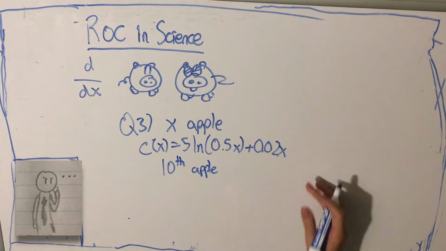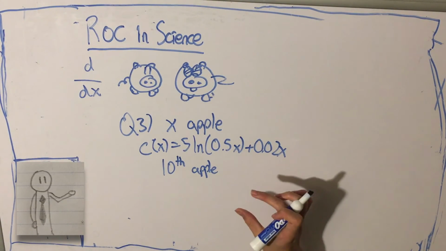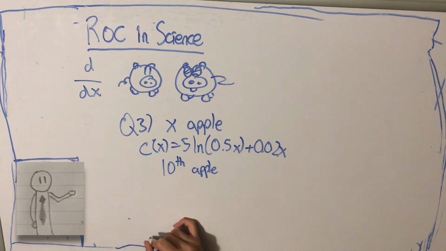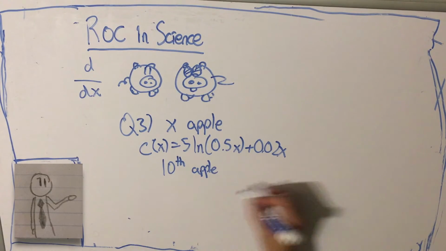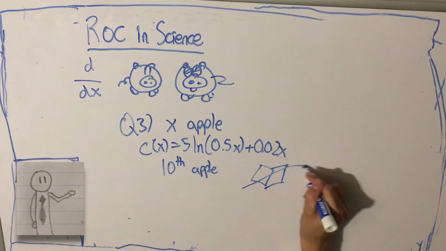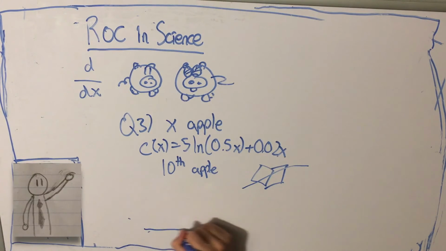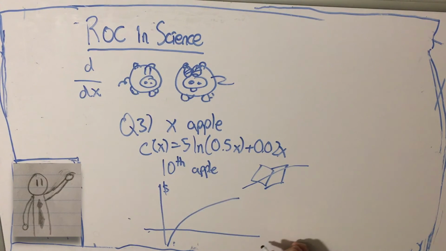Again, this problem is one regarding derivatives, although it may not seem like it. The marginal, or difference function, is the derivative of the cost function. You can just memorize this like an old textbook, but I think it's far more interesting to see why this is. Let's say we have a graph that looks something like this. This would be our price, and this would be the amount of apples we produce.